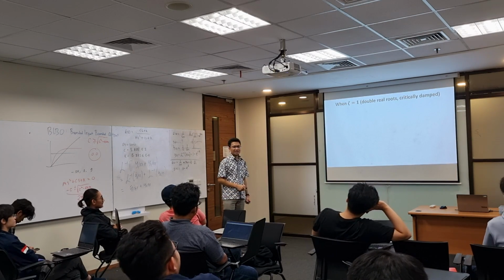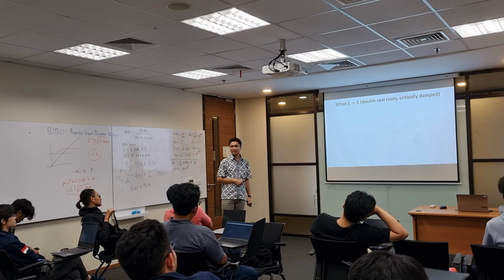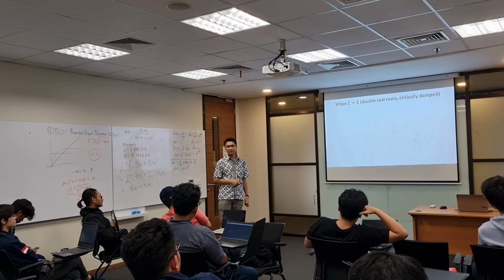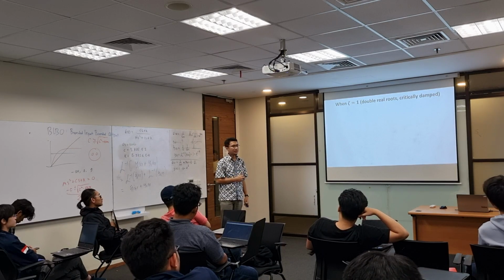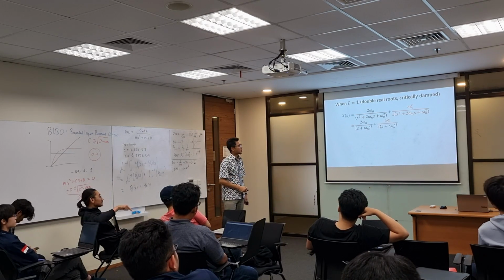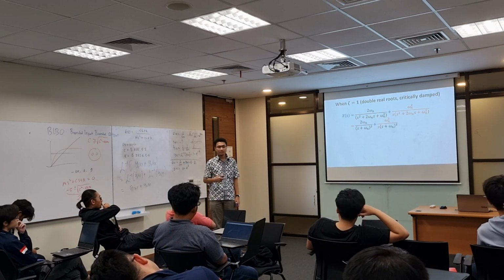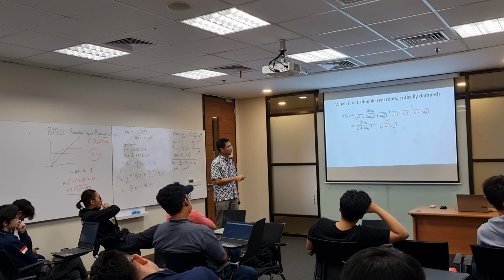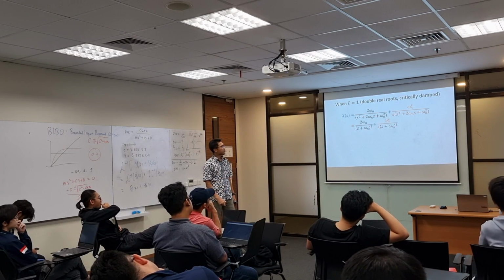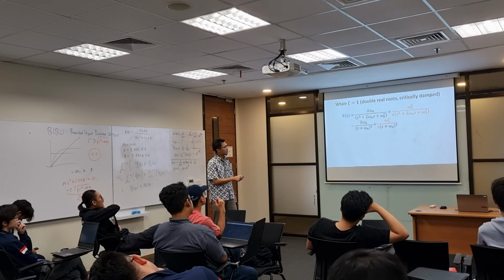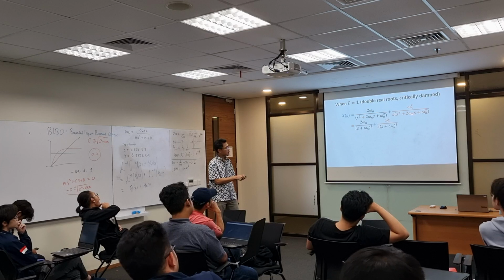Okay. The next case is critically damped, when zeta equals 1. This is easier because we have double roots and the roots are real. When the roots are double and real, we can write this as this one. Zeta is 1, right? We replace zeta with 1, then we get this.